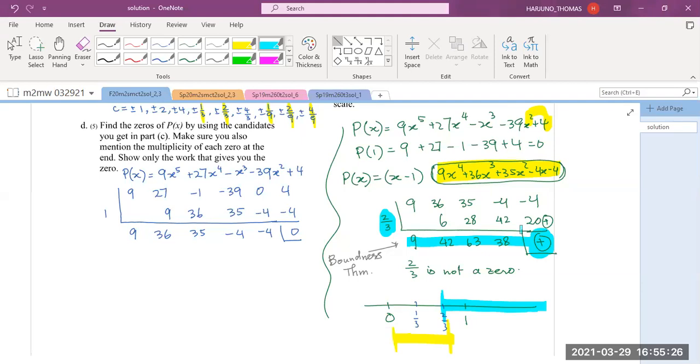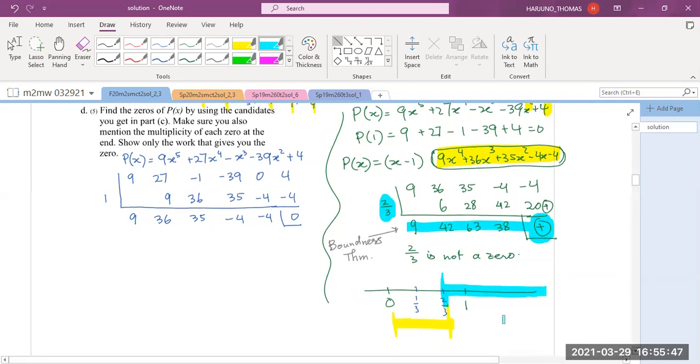And we need to do things differently all over again, right? But that doesn't mean you cannot learn anything from that failure. If you call trying 2/3 and finding it is not a 0 a failure, at least through this failure, we learn that there won't be any zeros greater than 2/3. And now I need to shrink my interval to search for zeros between 0 and 2/3.